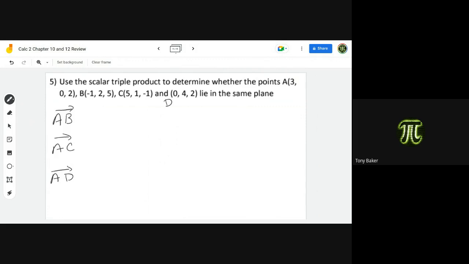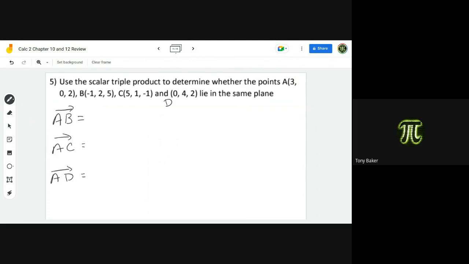It's point D. I forgot the D. If you wanted to use B as your point and do them from there, it's fine. Because if they are all in the same plane, it doesn't make a difference which ones it is. And if they're not all in the same plane, again, it doesn't make a difference. It's going to be off anyway. So let's find our vectors.